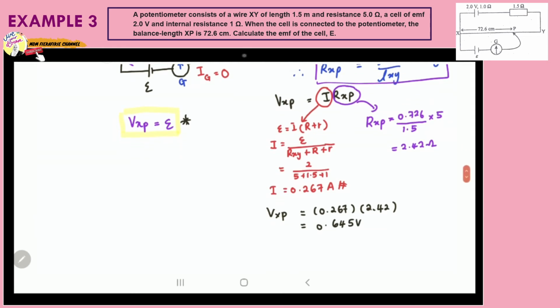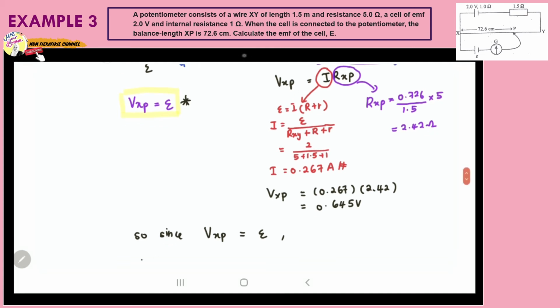Since Vxp is equal to the unknown EMF, therefore EMF is equal to 0.645 volt. So this is the answer. We finish example number 3, so let's proceed to example number 4.